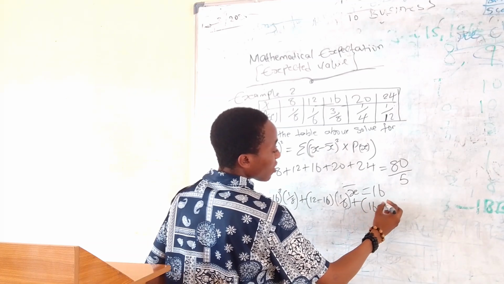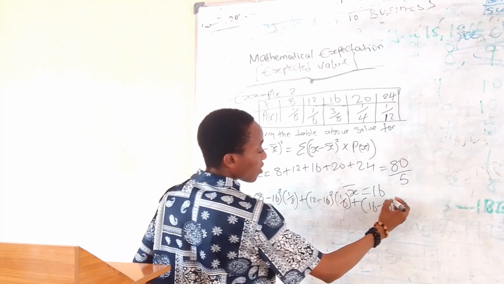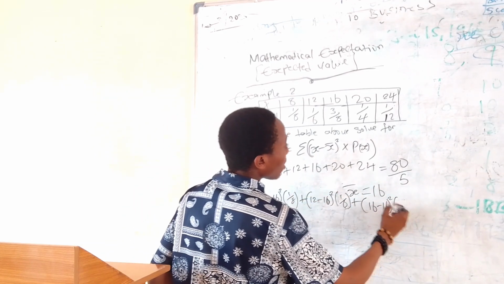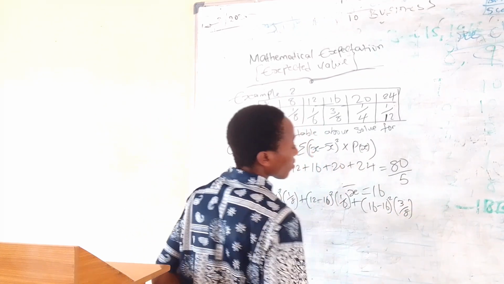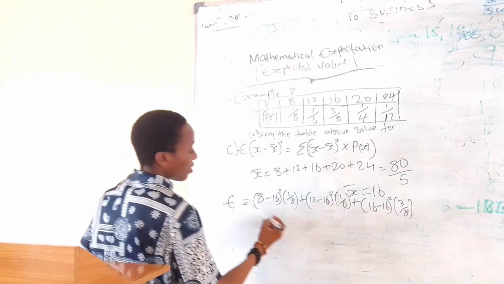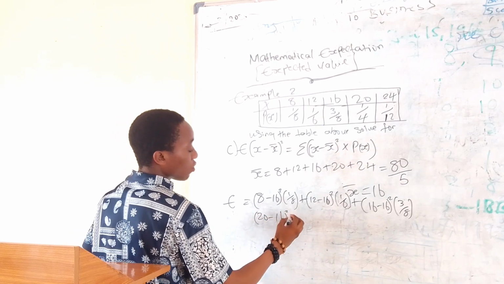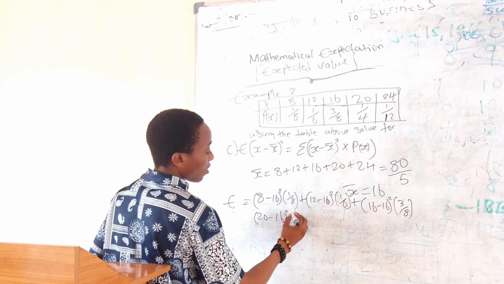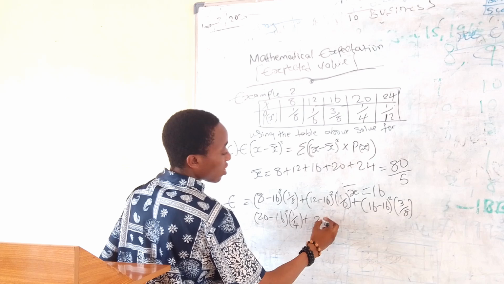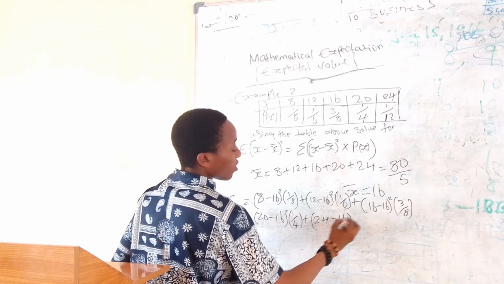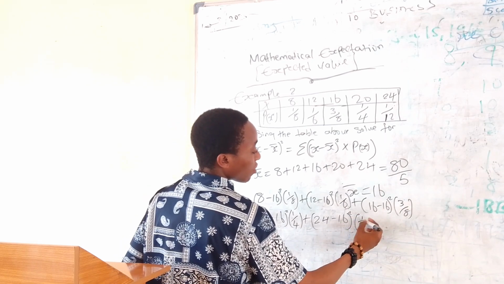We have 16 minus 16, the power of 2, multiplied by 3 over 8. Next one is 20: 20 minus 16 to the power of 2 multiplied by 1 over 4, plus 24 minus 16 to the power of 2 multiplied by 1 over 12.